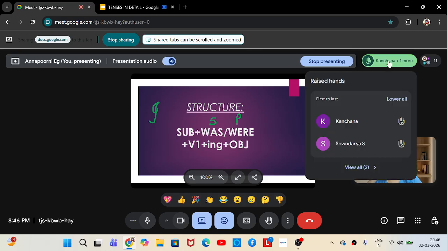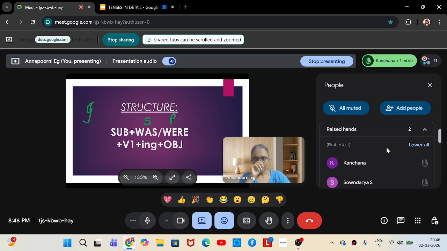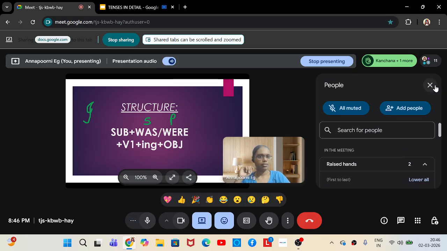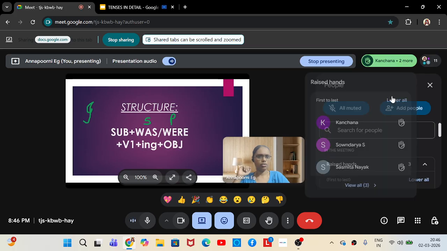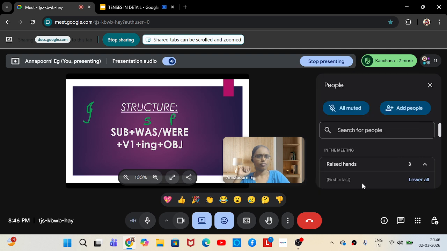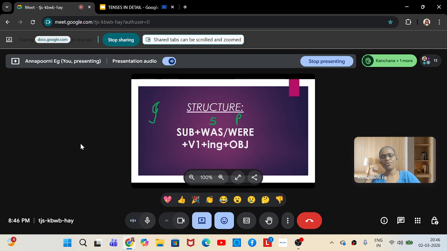Okay, so Santoshi and Soundarya are considering it as plural. Hasmita, you raised your hand for singular already. You said I is singular and now you are saying I is plural. No, ma'am, I is singular.